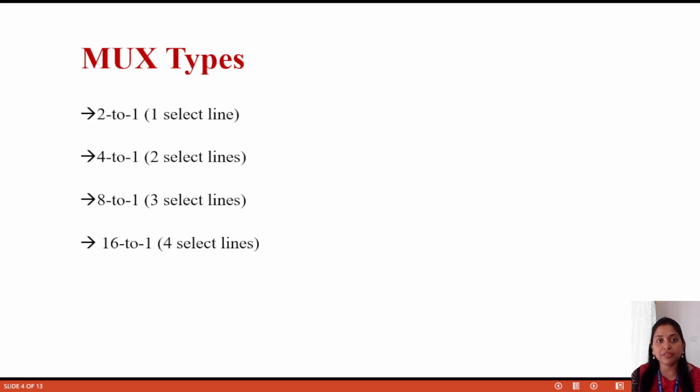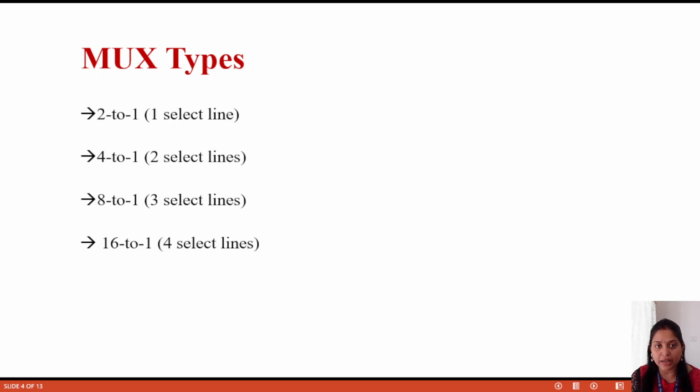There are different types of MUX. 2:1 means there is one select line, and with one select line, 2 to the power 1, that means two inputs but the output will be 1. In the next case, 4:1, that means two select lines. Select line means control line.